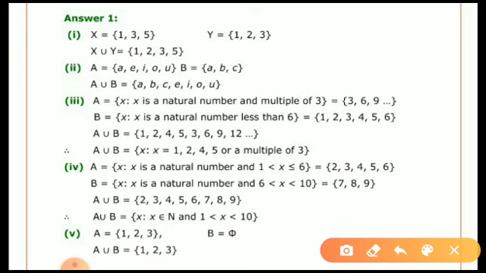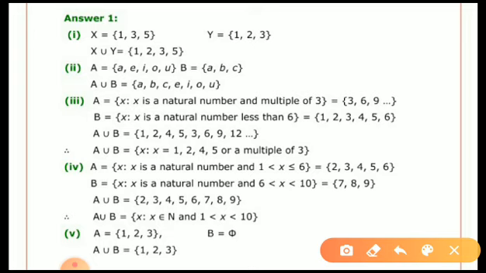And A union B will be what? Can I say it will be only the multiples of 3? No. It will contain 1, 2, 3, 4, 5, the set of all natural numbers less than 6, and again all the multiples of 3.